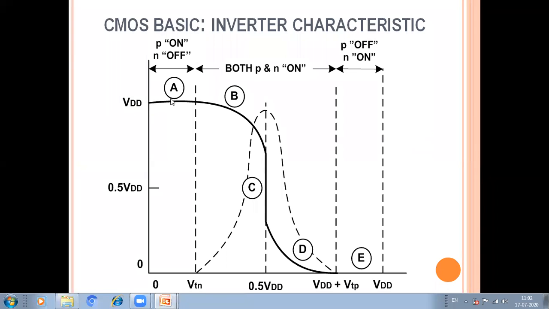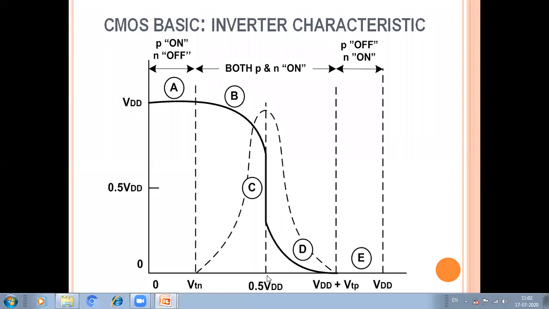Ideally that is the case, but practically the characteristics are divided into five regions, A, B, C, D, E. According to the operation of the PMOS and NMOS transistors, we will understand the effect on the characteristics in each region.